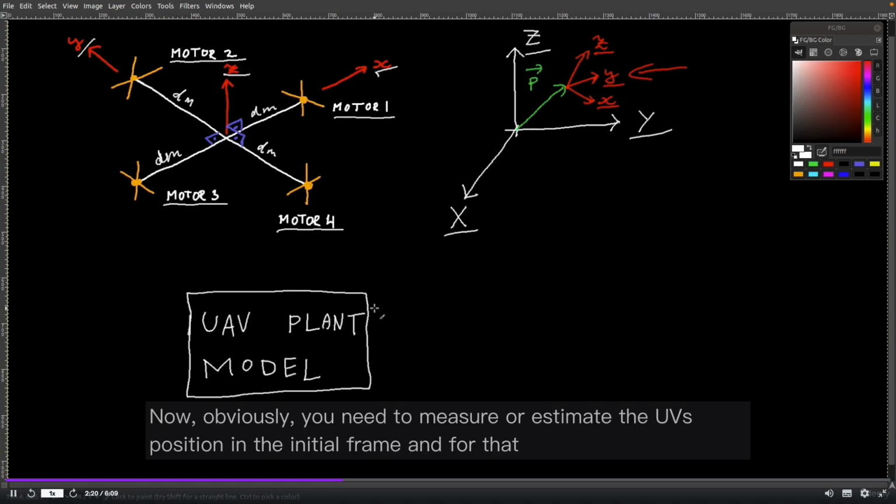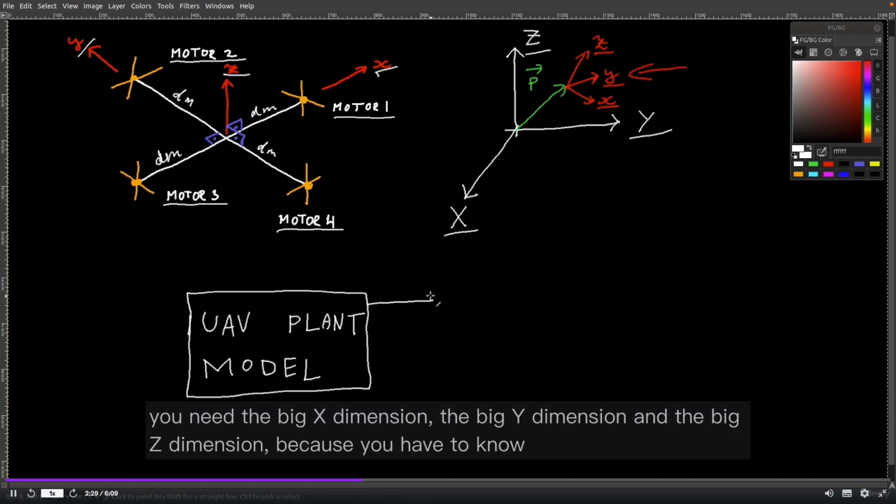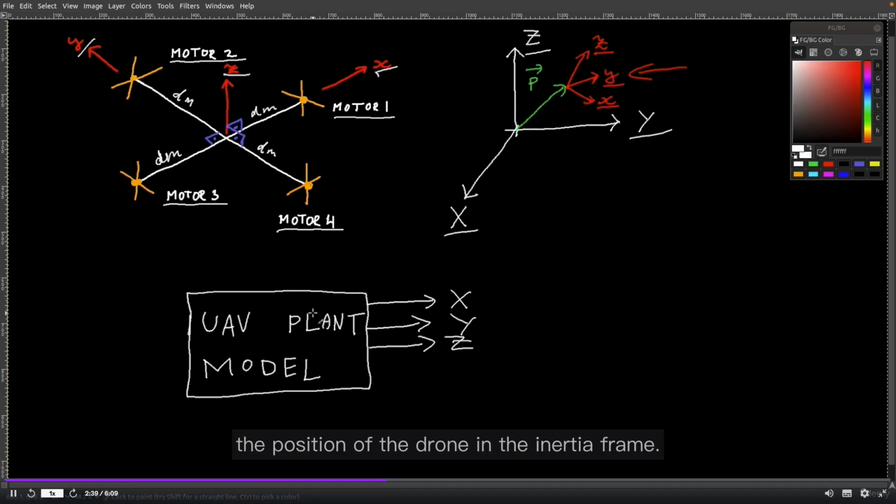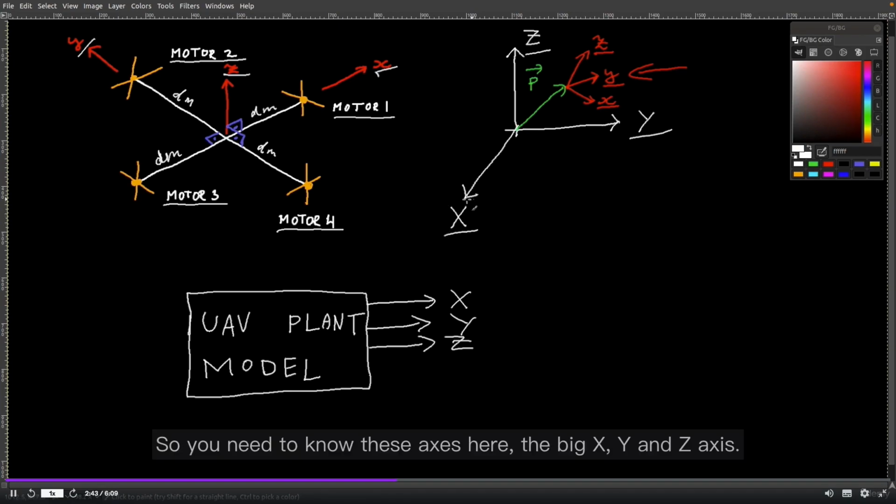Obviously, you need to measure or estimate the UAV's position in the inertia frame, and for that, you need the big X dimension, the big Y dimension, and the big Z dimension, because you have to know the position of the drone in the inertia frame.